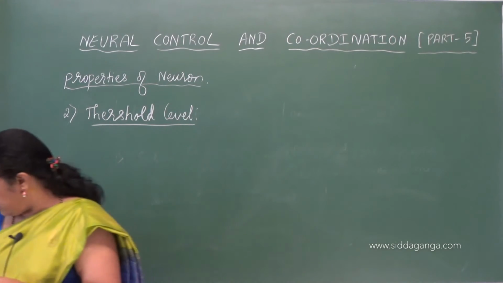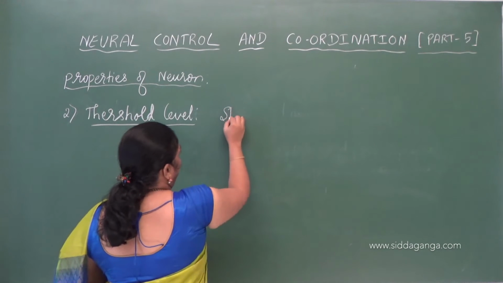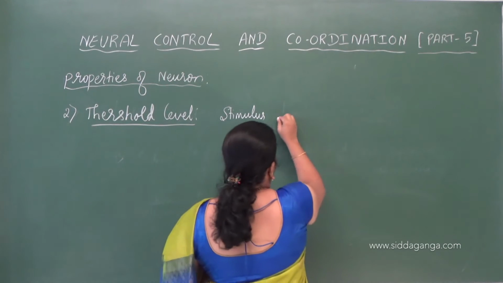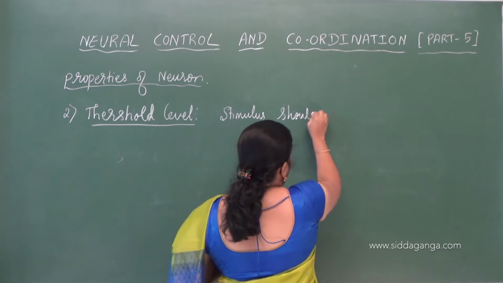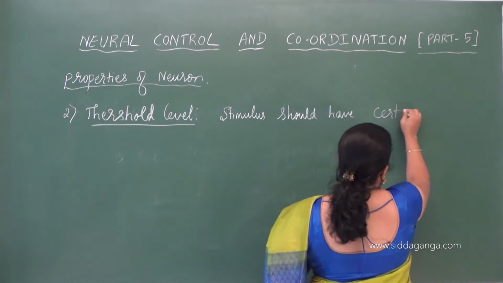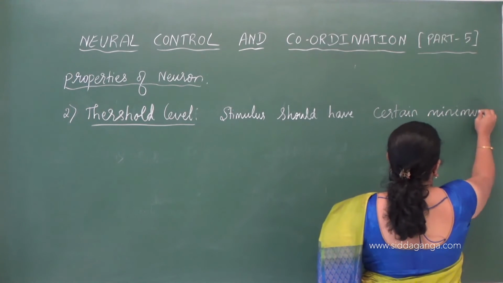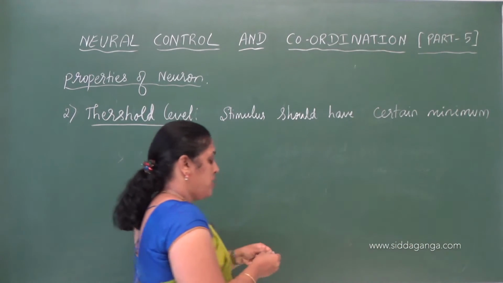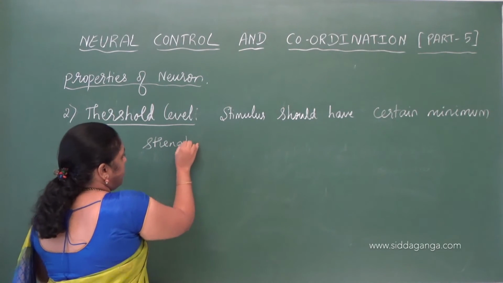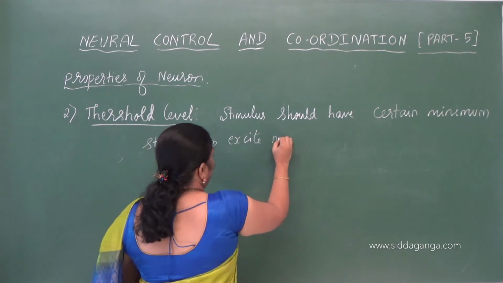Like that, the stimulus should have a certain minimum strength to excite neurons.